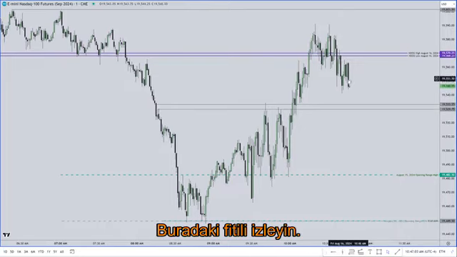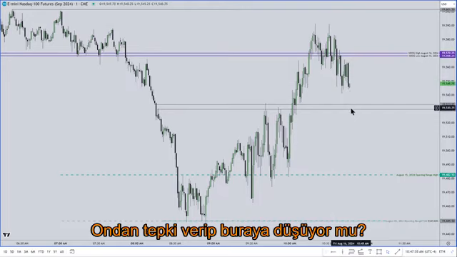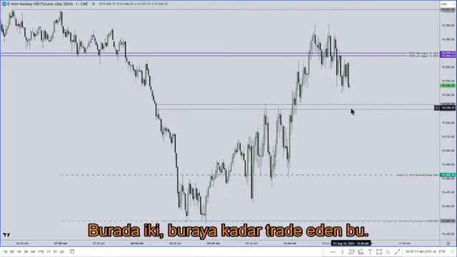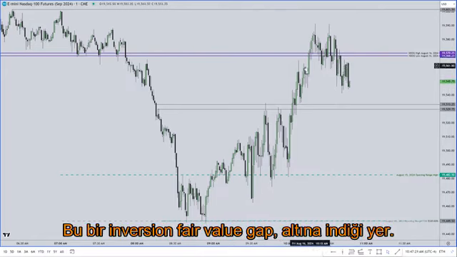Watch the wick right here. Watch to see if it can touch that. Does it react off that and drop right into here? We have two gaps in here. We have this one, which is trading up into here, and then we have this one here. This is a normal fair value gap, a bearish fair value gap. This is an inversion fair value gap where it's gone below it.